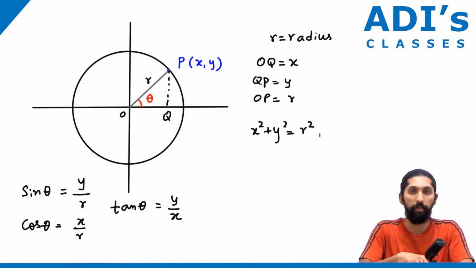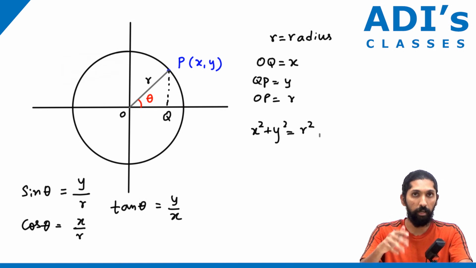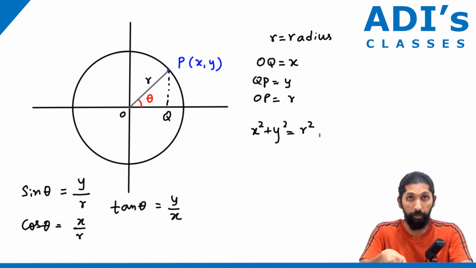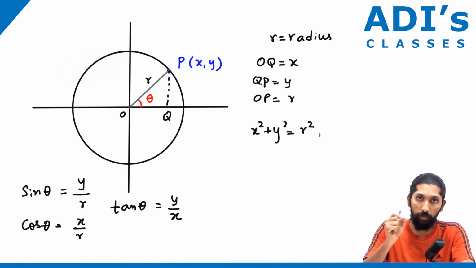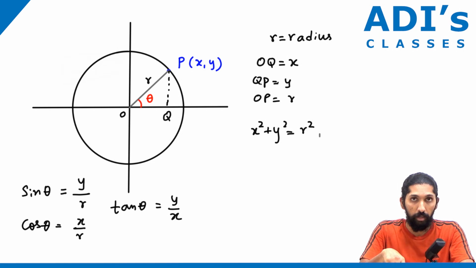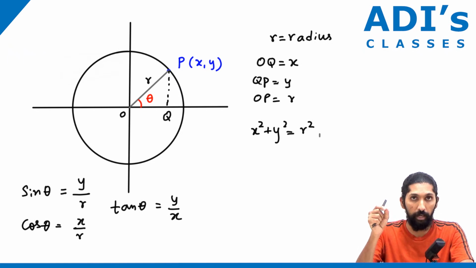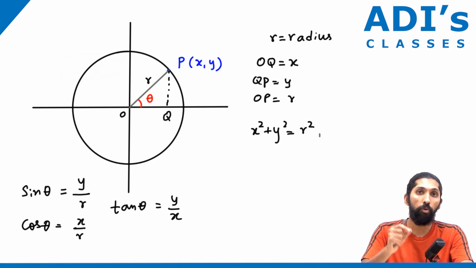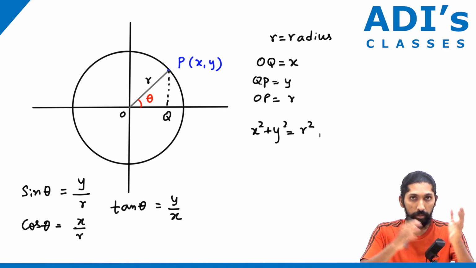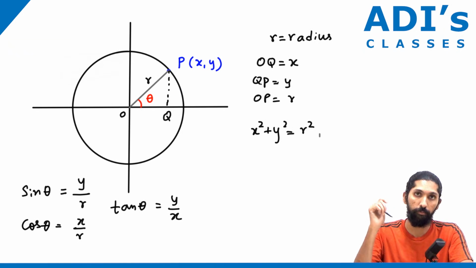These are the basic 3 trigonometric functions. The rest 3 are reciprocals: the reciprocal of sine is cosecant, of cosine is secant, and of tangent is cotangent. So these are the 6 trigonometric functions.